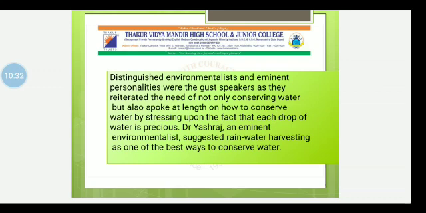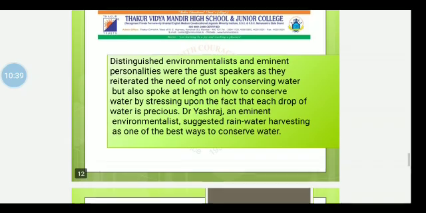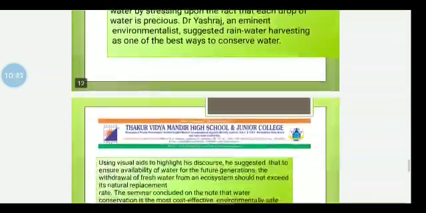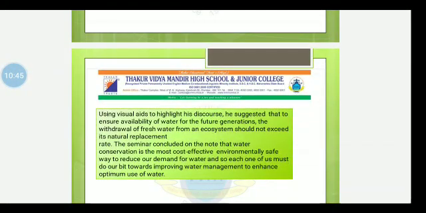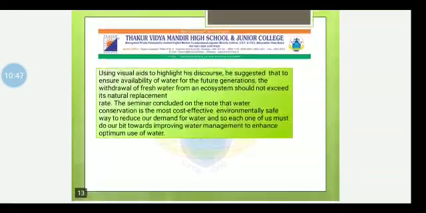Dr. Yash Raj, an eminent environmentalist, suggested rainwater harvesting as one of the best ways to conserve water. Rainwater harvesting is the in thing today. So it is a storage of water underground so that we have water when we don't have enough supply during the summer.